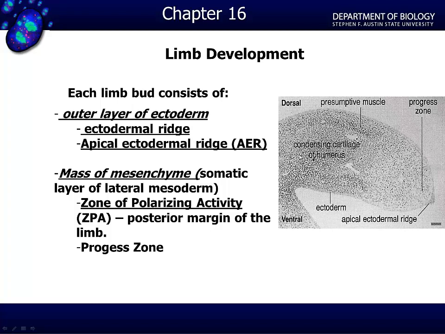Now, I liken it to the armpit region, sort of in the back of the limb. And this is going to be referred to as the zone of polarizing activity, or the ZPA, and that's how we abbreviate that. And we'll go into much more detail about all of these different components. But these are going to be the four players that we're going to be dealing with: the ectoderm, the ectodermal ridge, including the AER, then from the mesoderm portion, the ZPA, and then the progress zone.